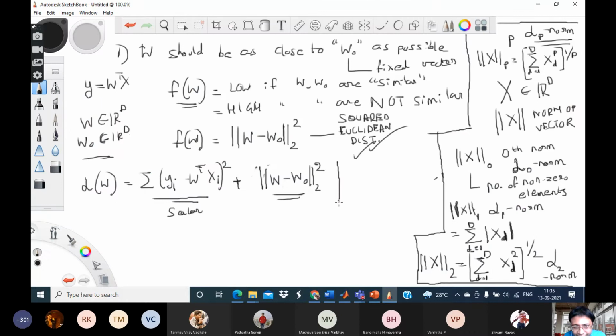So let me write this W as W subscript OLS, meaning the W which I have got by solving the linear regression problem, and the W naught which I desire is here. So this is the distance I am getting between W OLS and W naught.